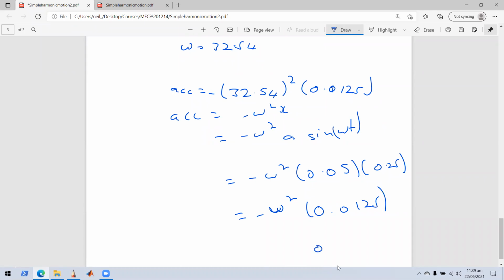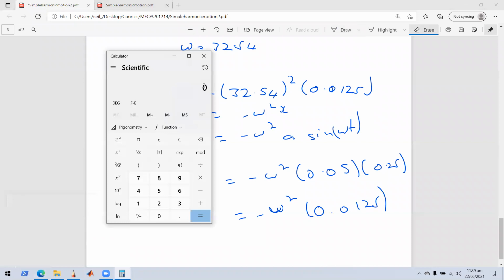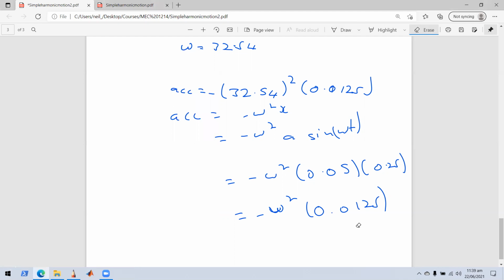Half of this is 0.025 and half of that is 0.0125. Multiply these two numbers. Okay. And 0.05 times 0.25 is 0.0125, right? Good. Times omega squared.